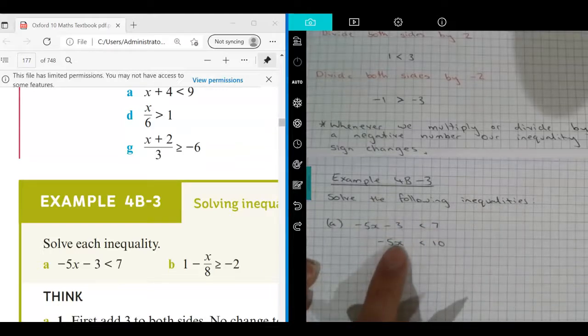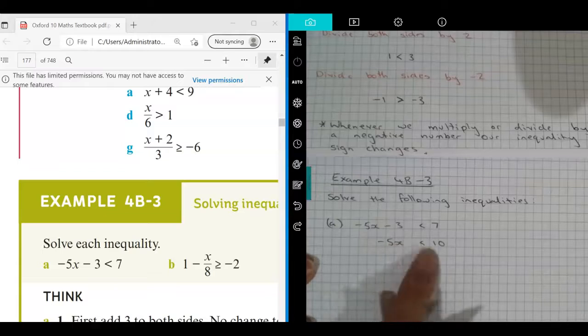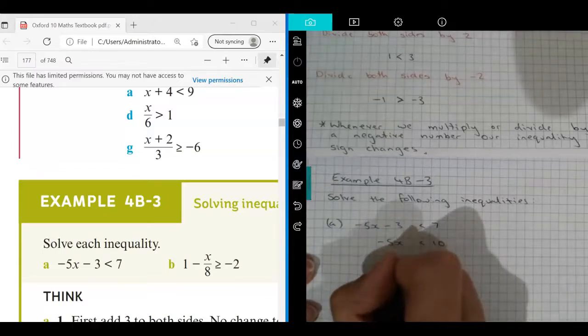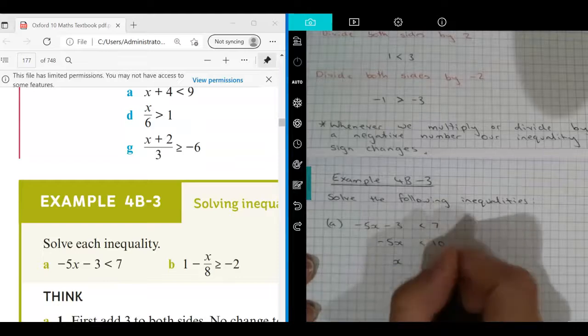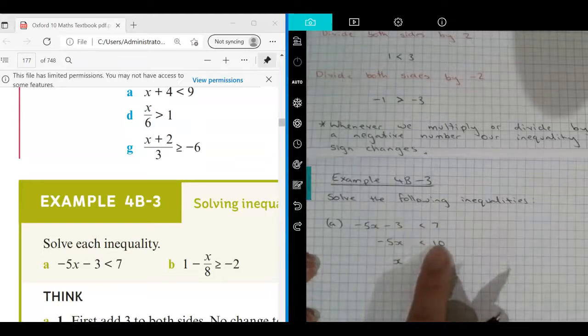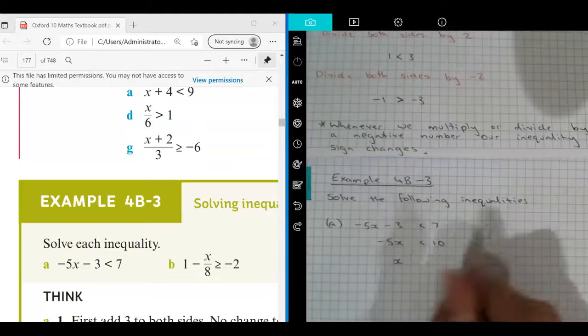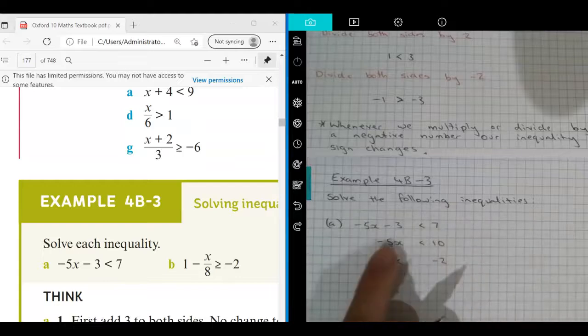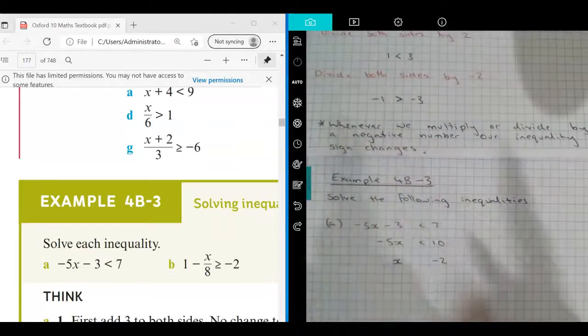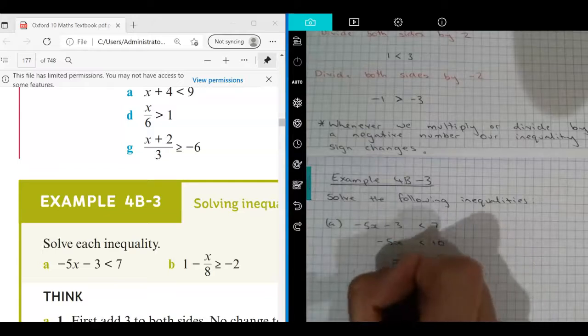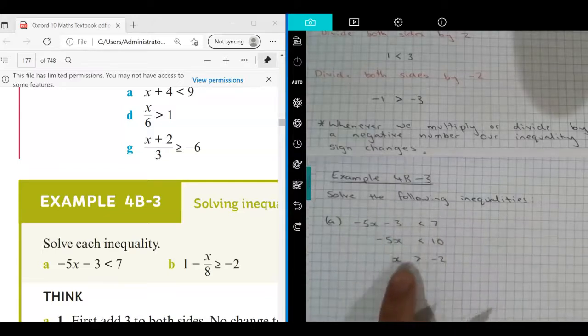Now, to get x all by itself, I need to divide both sides by negative 5. So x, and on this side, if I divide 10 by negative 5, I'm going to get negative 2. But remember, I've just divided by a negative number, therefore our inequality sign changes, so it now needs to go this way. So this is representing all the values of x greater than negative 2.